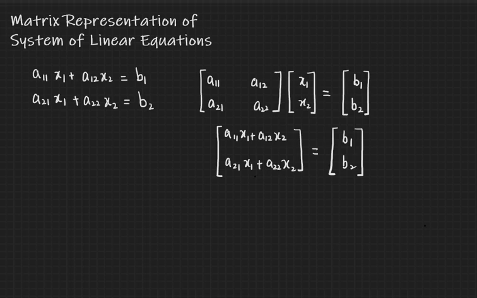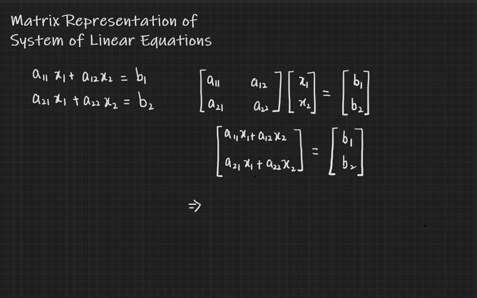Now these two matrices are equal. By the definition of equality of matrices, we know that if two matrices are equal, their corresponding elements must be equal. So in order for these two matrices to be equal, this first entry should be equal to b1 and this entry should be equal to b2.